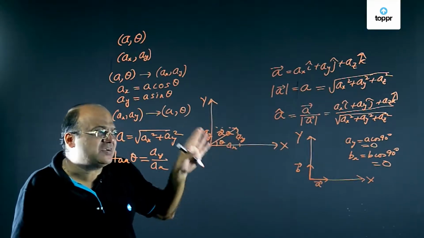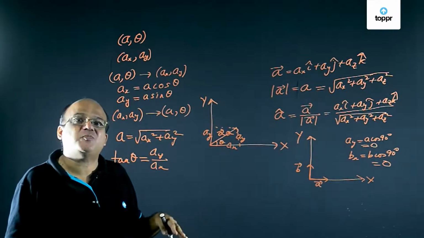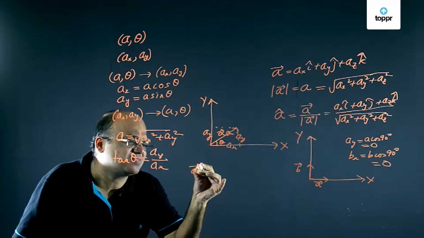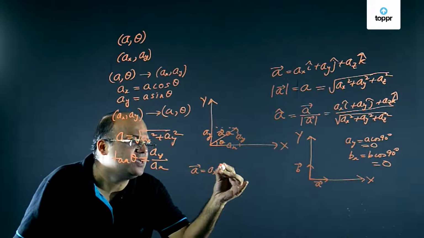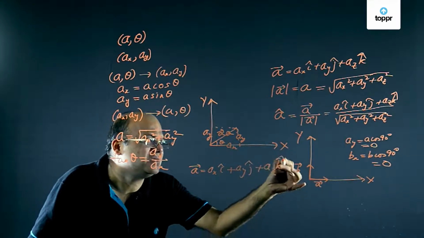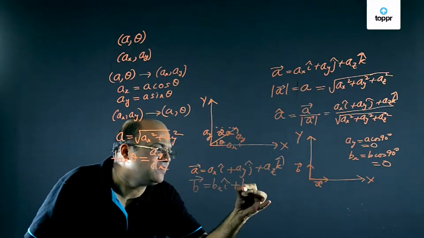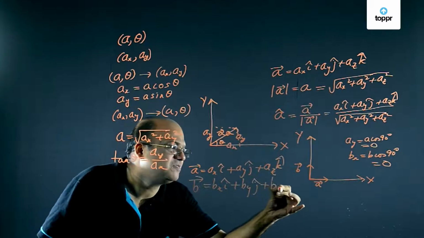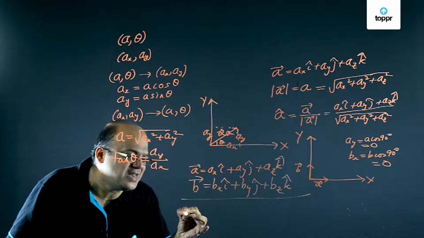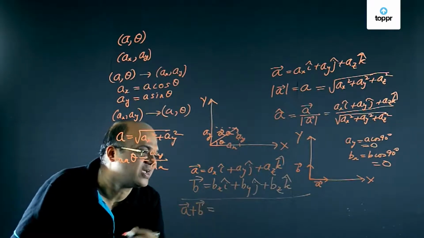Once we understand this, adding and subtracting vectors using components becomes very easy. Say A vector is Ax i cap plus Ay j cap plus Az k cap, and B vector is Bx i cap plus By j cap plus Bz k cap. Suppose you have to add them. Then you can add the x components independently, independent of y and z.